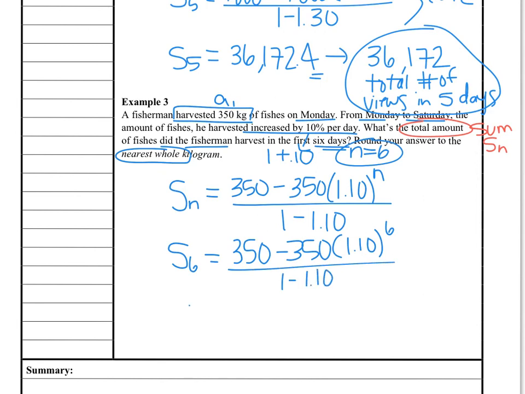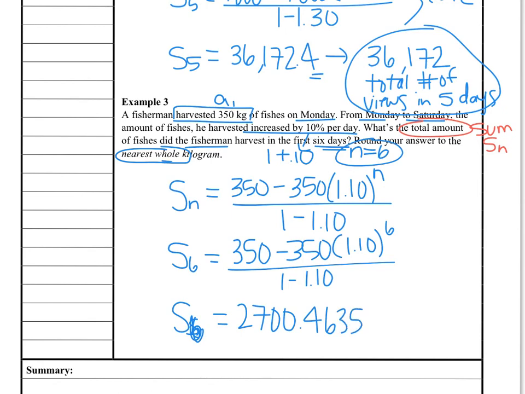Okay, so plug it in to your calculator. Whoa. And get, that should be a 6 down here, 2700.4635.